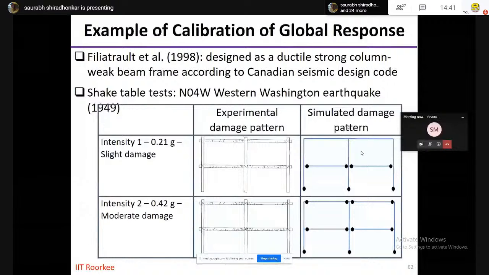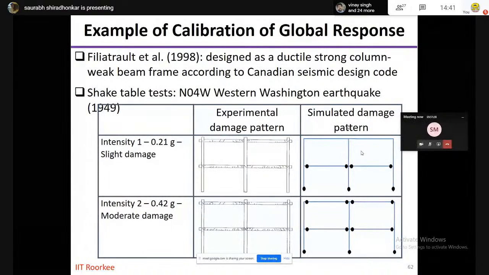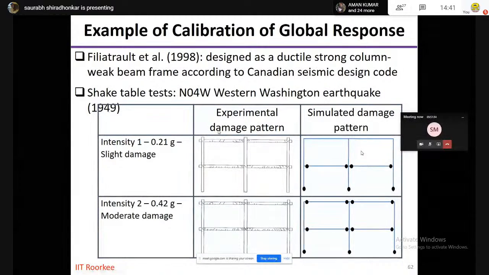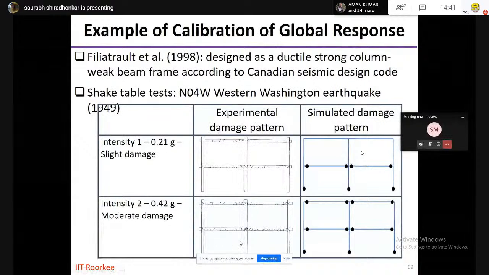So to ignore that, certain experiments are carried out on shake tables, where a small scale model of an actual building is constructed over a shake table and subjected to ground motion. Then the experimental damage pattern is observed.